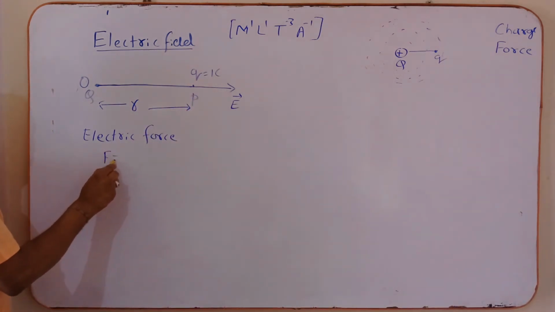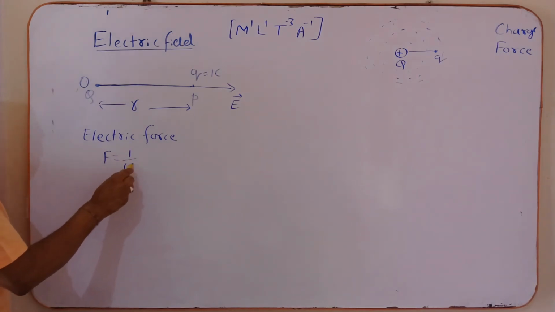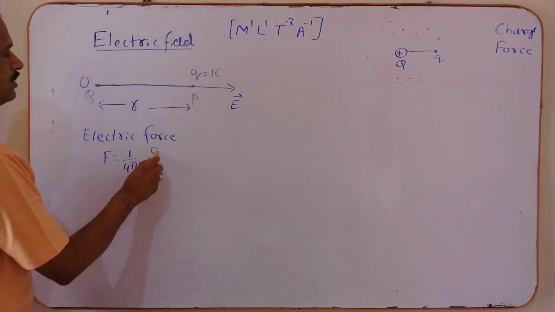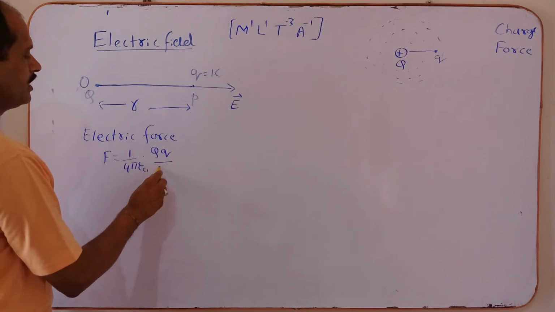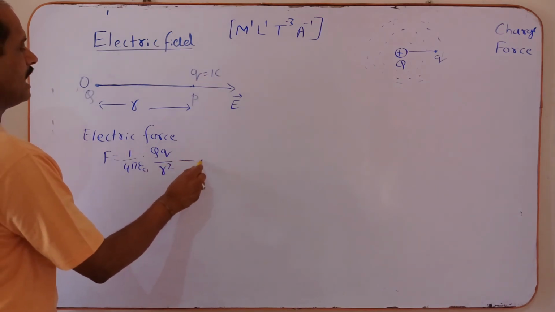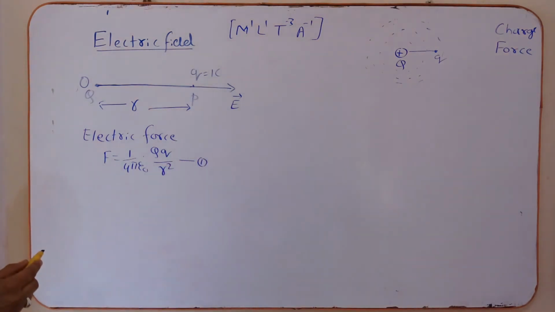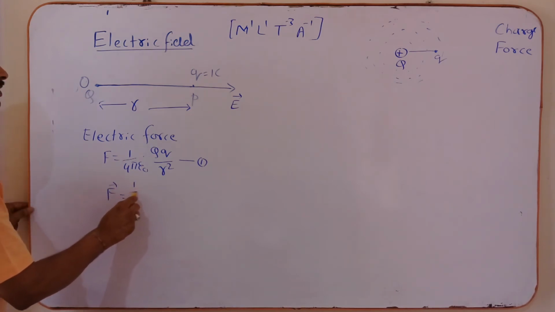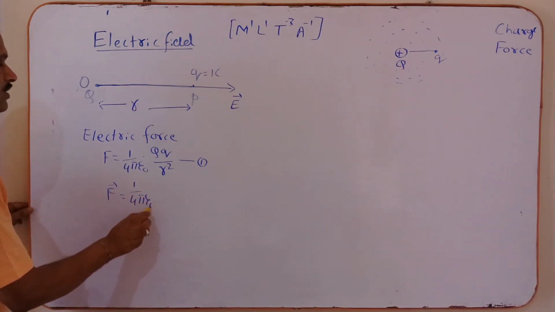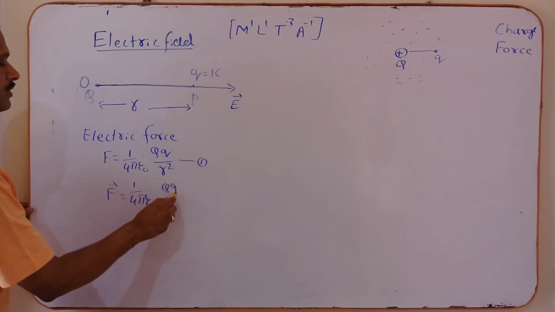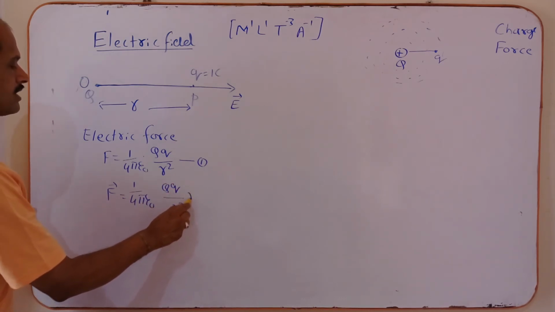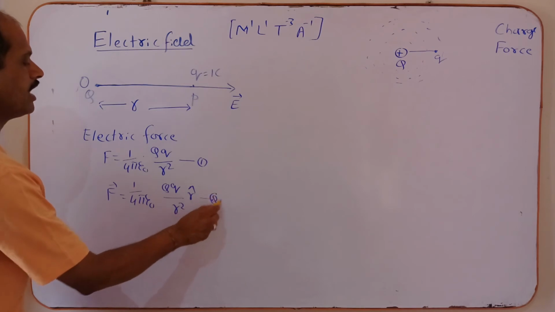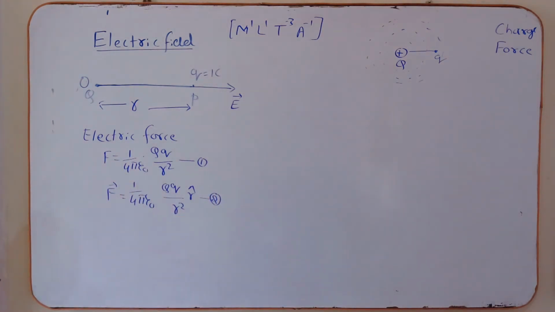F is equal to 1 by 4 pi epsilon naught, Q into q divided by r square. This is r square. Now in vector form, you have to write vector F is equal to 1 by 4 pi epsilon naught, Q into q divided by r square into r cap.